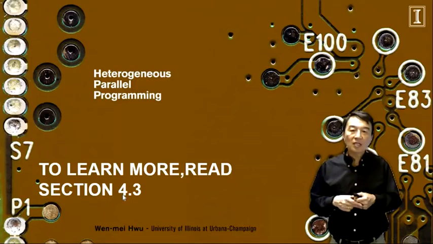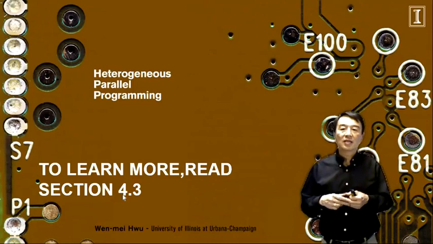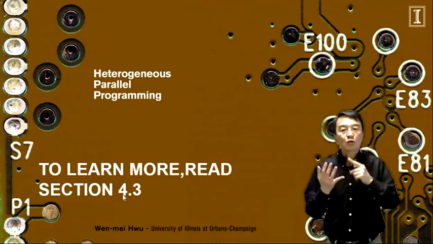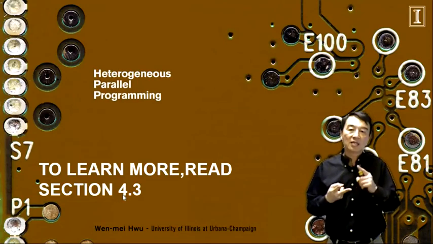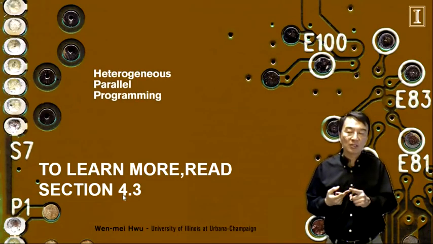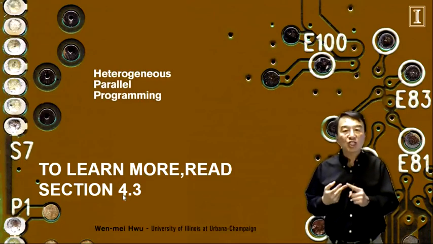So this concludes the considerations of control flow, and when control divergence happens, and the consequence of control divergence, and some analysis of our boundary checking code.